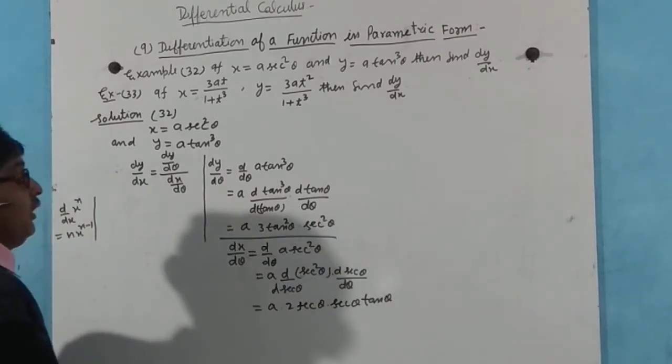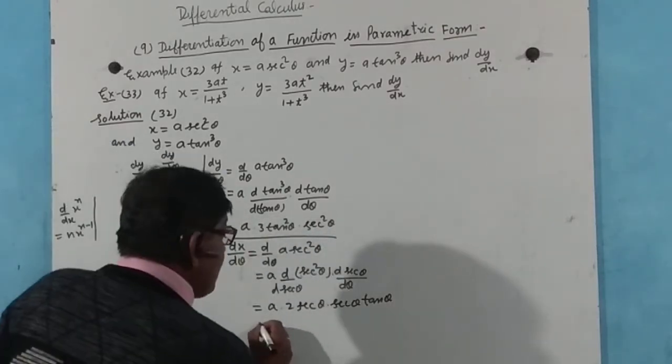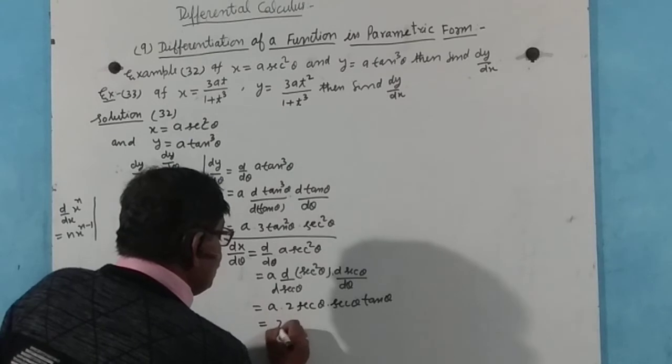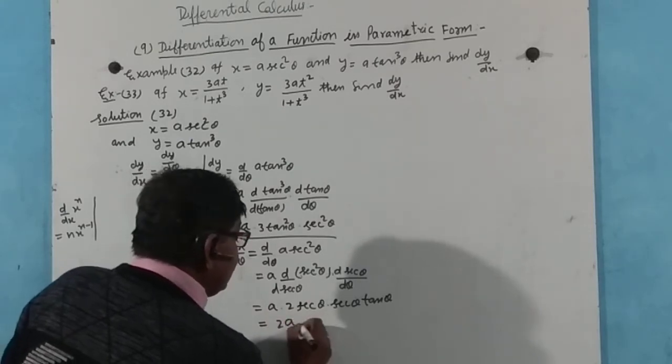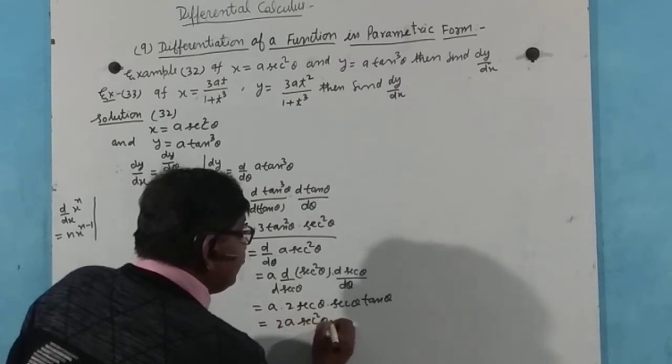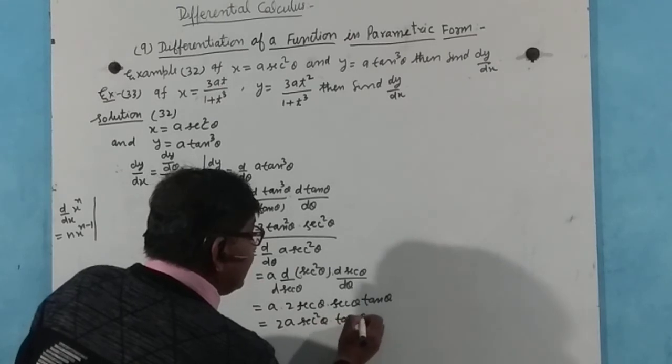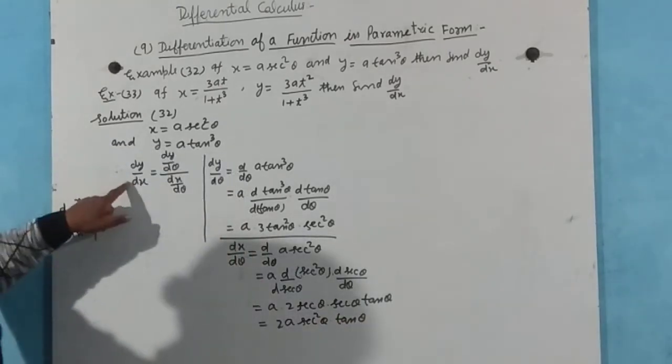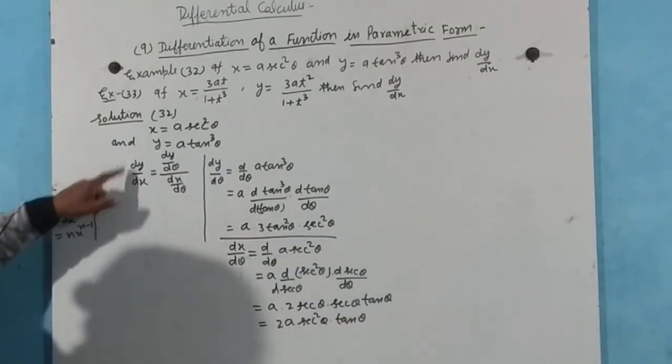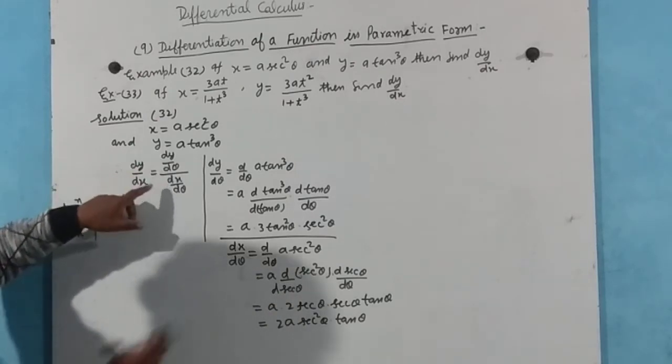This can be written as 2a sec square theta into tan theta.